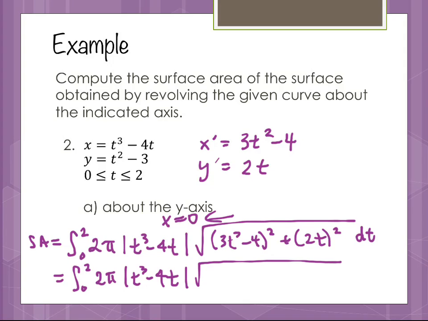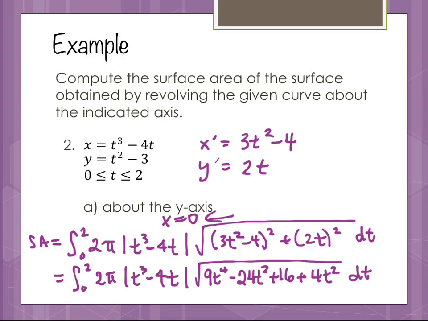What do I have? After all the squaring that we did a minute ago that was tough, do something easy for me. We have 9t to the 4th, minus 24t squared, plus 16, plus 4t squared. Excellent.